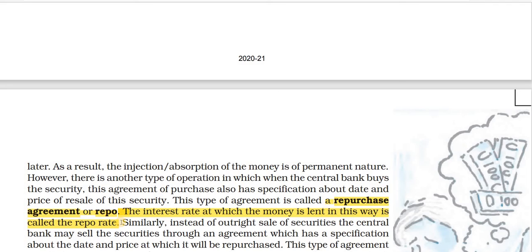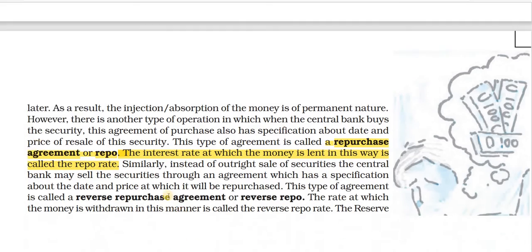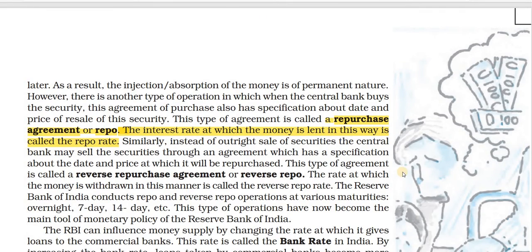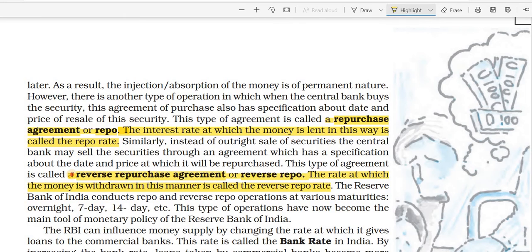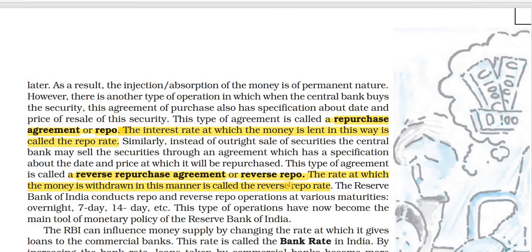Means by lowering the repo rate, RBI injects liquidity in the banking system, and by increasing the reverse repo rate, it absorbs the liquidity. Okay, that one is the repo rate and reverse repo rate. The rate at which the money is withdrawn in this manner is called reverse repo rate.